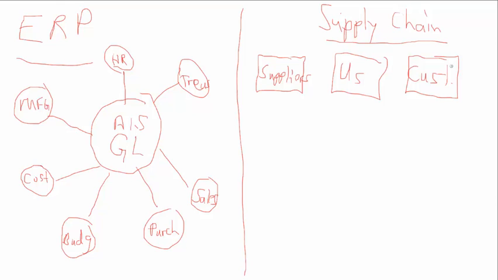Now, the supply chain goes from suppliers to us and to customers, but it can continue down to customers of customers. And it can continue back to suppliers of suppliers.